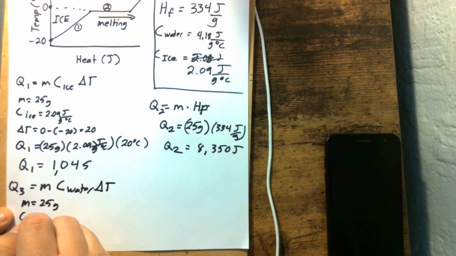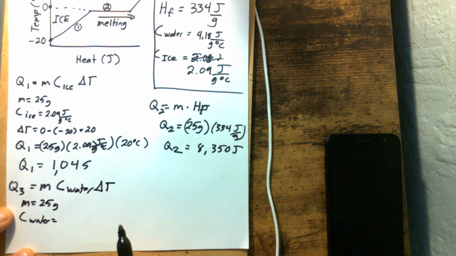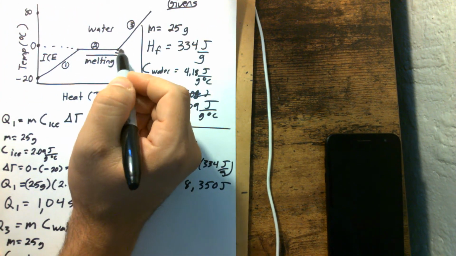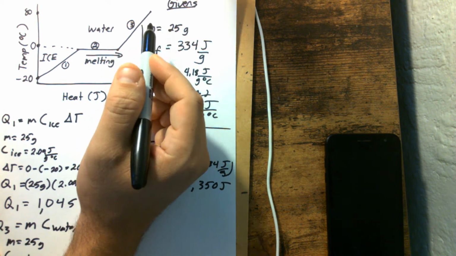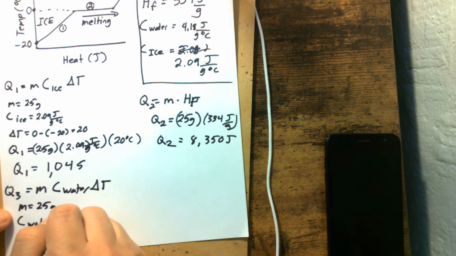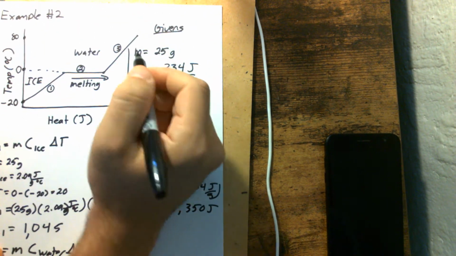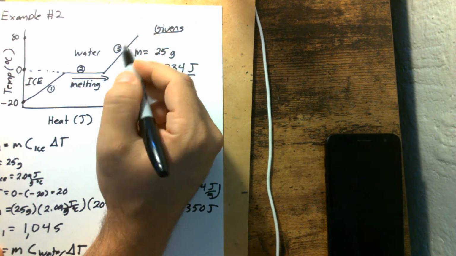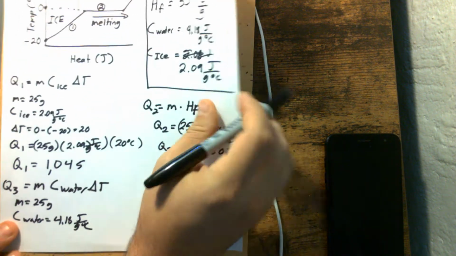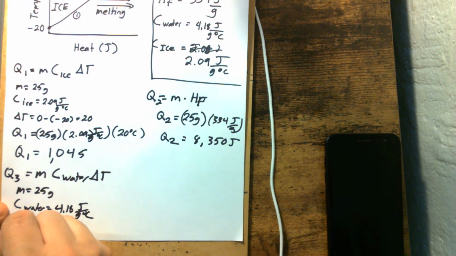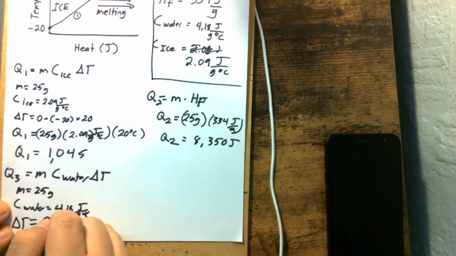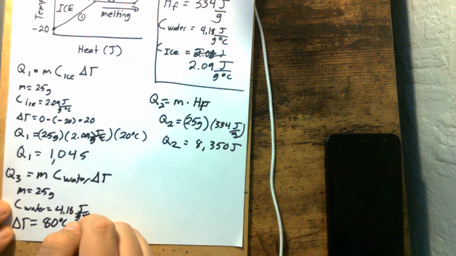Our C for water is 4.18. The change in temperature is 80 minus 0. So our delta T is 80 degrees Celsius minus 0 degrees Celsius.